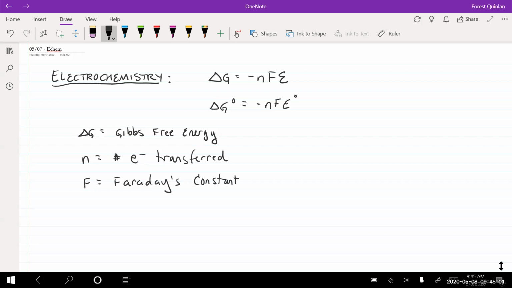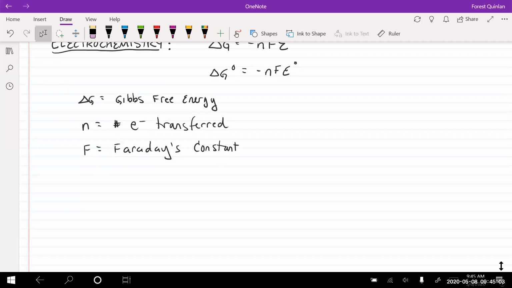So you guys might have heard of a Faraday cage. That comes from Mr. Faraday himself, who figured out a lot of stuff about electricity. That value is 96486 coulombs per mole of electrons, or the number of them.